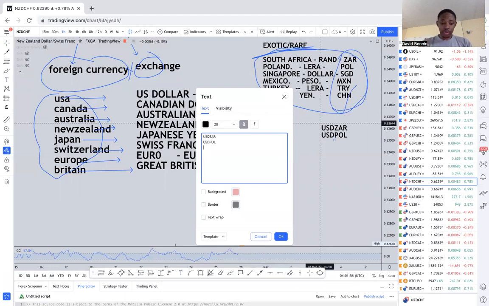You have USD SGD, representing the US dollar and the Singapore dollar. You have USD MXN, representing the US dollar and the Mexican peso, USD TRY, the US dollar and the Turkish lira, and the US dollar and the Chinese yen.